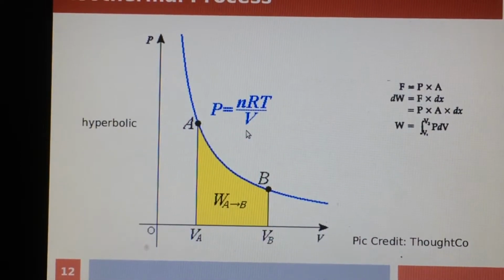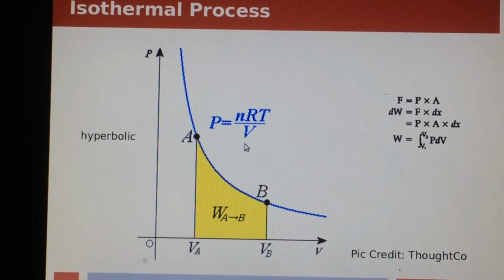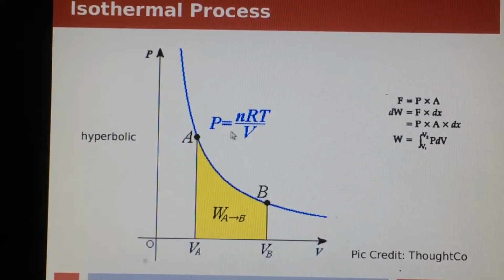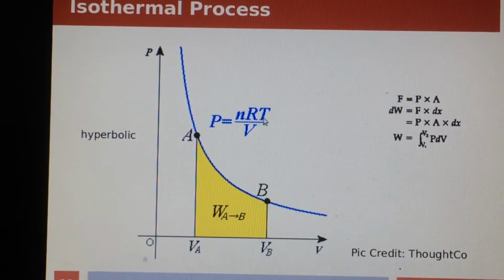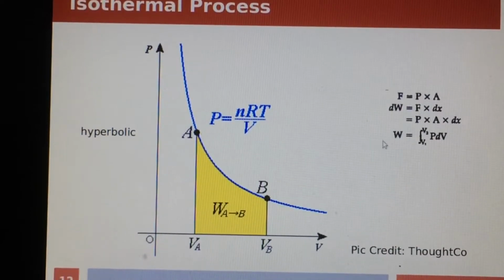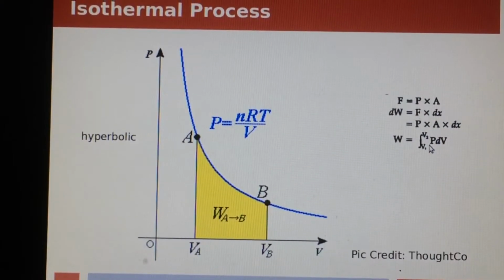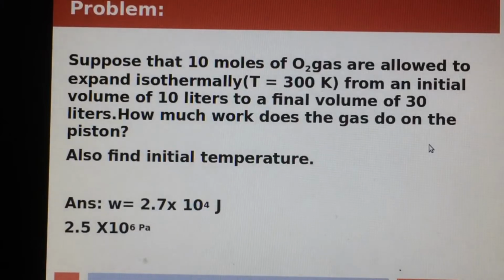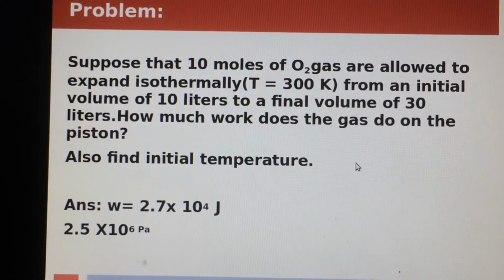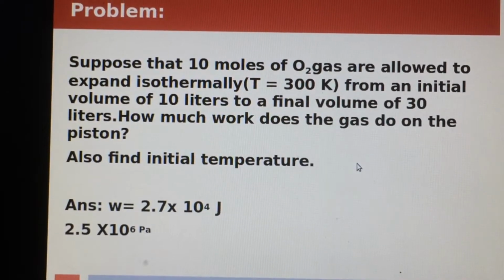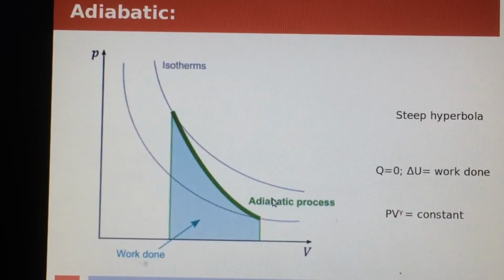The ideal gas equation tells us that PV equals nRT. So, we can put the value of P equal to nRT by V over here, and we can integrate over volume. So, just a single variable integration, the volume variable, will be left. This is a problem to be done by you, the answer is given here.